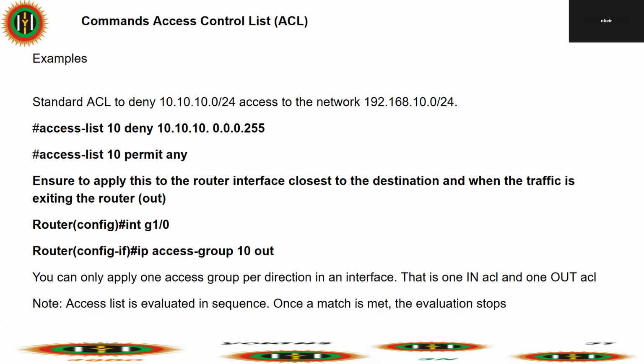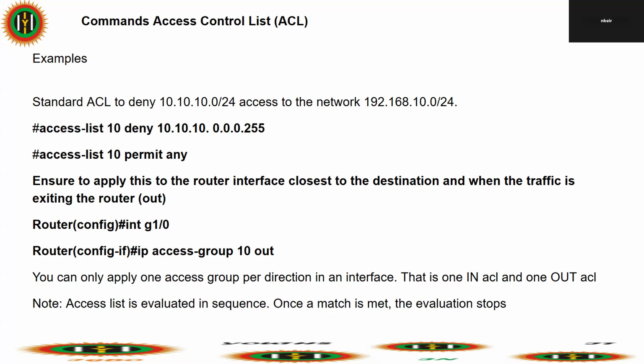That is the job function of that second rule you see there, access list 10 permit any. So here we know that we are only denying the 10.10.10.0/24 network. Everything else will be allowed. If you miss that permit any, everybody will be dropped because implicit deny will kick in.